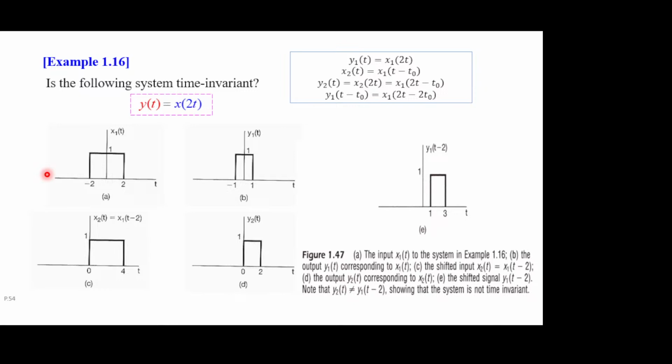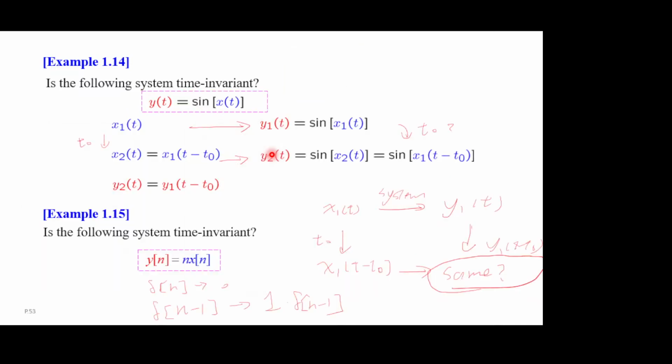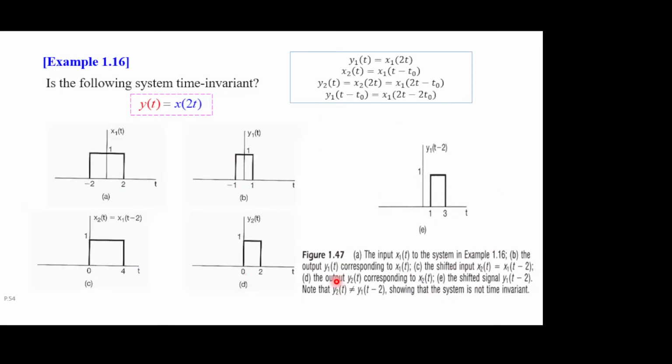Okay. And yeah, it's also a bit annoying to check by algebra. And once again, if you want to say something is not time invariant, then you want to get a counterexample of two inputs that are time shifts of each other, and their corresponding outputs are not time shifts of each other, like this example.